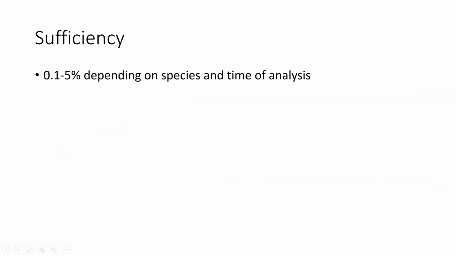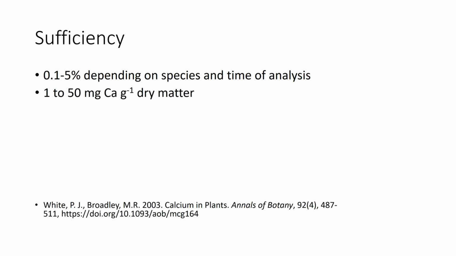As far as sufficiency goes, standard literature will tell you that it's between 1 and 5% depending on species and time of analysis. We're looking at somewhere between 1 and 50 milligrams calcium per gram of dry matter. It is not extremely concentrated compared to some of the other materials. Monocots need less calcium than dicots, and that's very important.